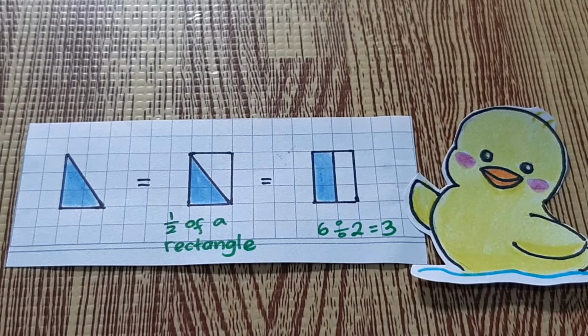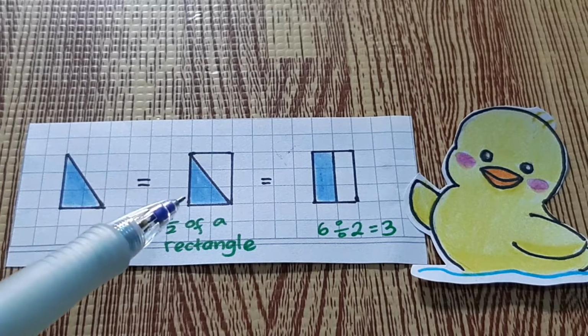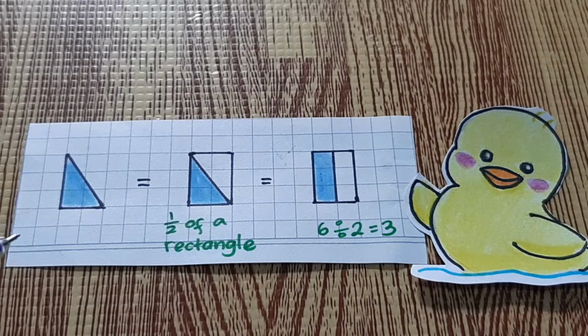I repeat, if later you cannot draw it like this, you can imagine it. This triangle is part of a rectangle, like this. So you have to count how many square is it in the rectangle. 1, 2, 3, 4, 5, 6, and divide by 2 equals to 3. So this triangle is actually 3 squares or 3 square centimeter.